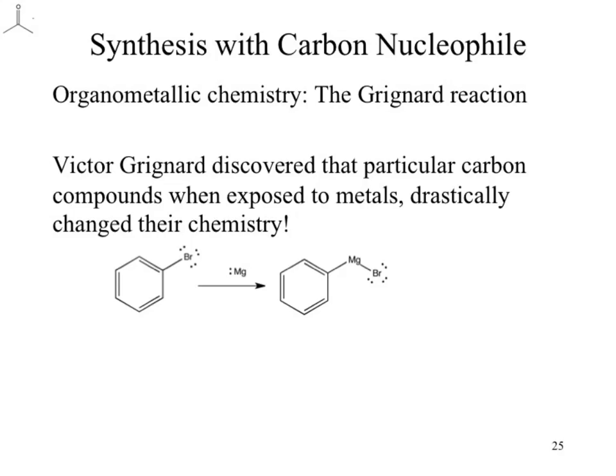So what Grignard ended up discovering was that he could expose particular organic compounds to metals, and their chemistry drastically changed. And that's where he generated the carbon nucleophile. The classic metal is magnesium. There are other metals out there that do pop up in the book, and we will talk about them briefly. Lithium, so we can look at alkyl lithium reagents, and we can also look at alkyl copper reagents.